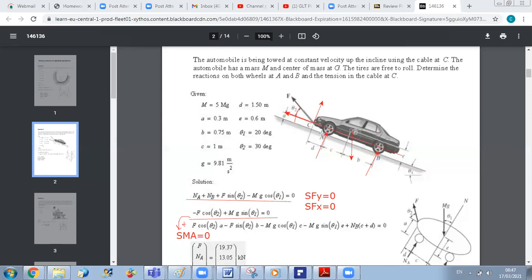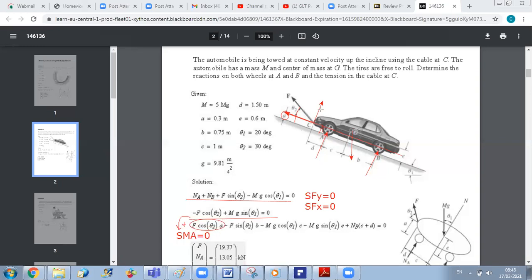No, the perpendicular is A. Look here, because E is the distance to G, while F is applied at C. So you should take this distance here, and this distance is equal to A. So I should multiply F cosine theta 2 by A. And since it's rotating counterclockwise, it's a positive moment. So I start with plus F cosine theta 2 times A.